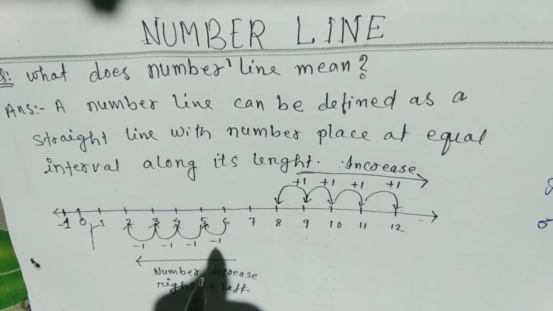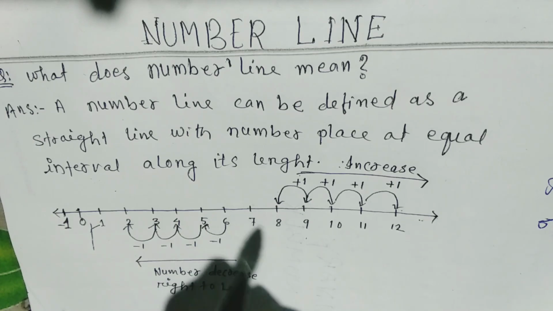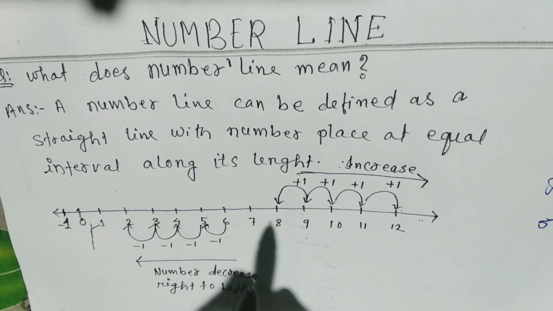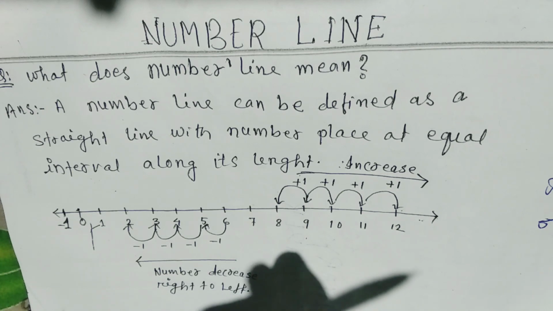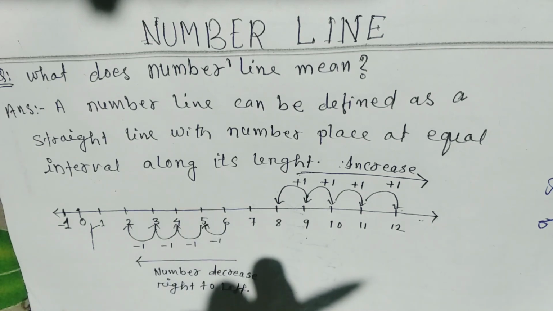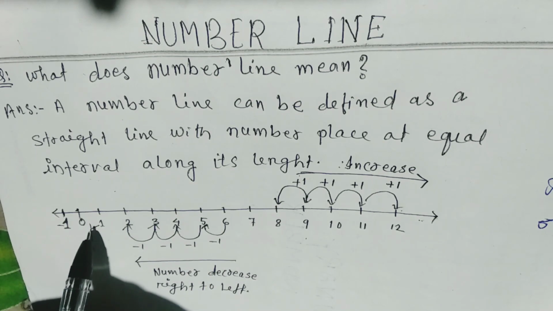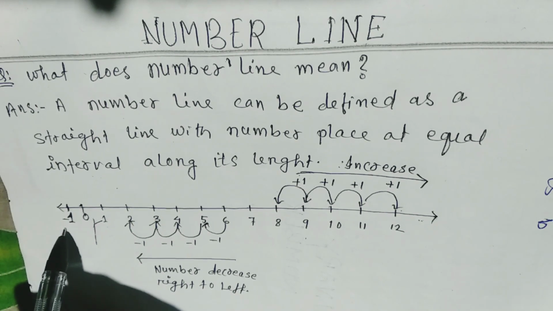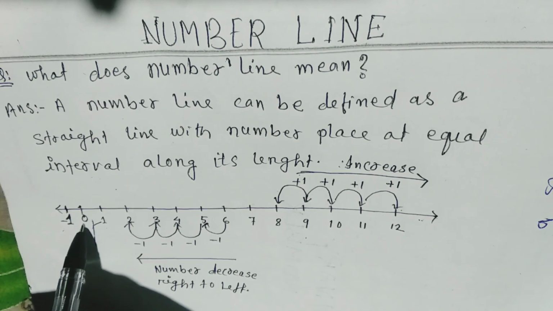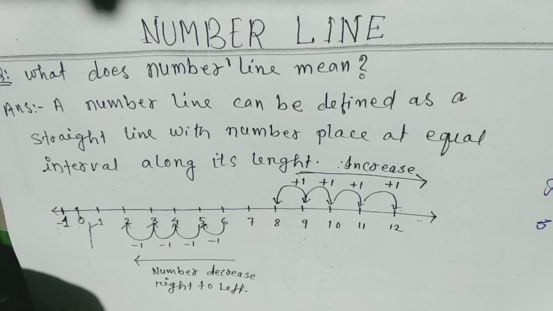In a number line, to get a point on the right side from a particular point, you need to add 1, and to get a left side point, you need to minus 1. And so notice here between 0 and 1. To get this point, minus 1 from 0, so this is 1. To the left side, minus will increase.